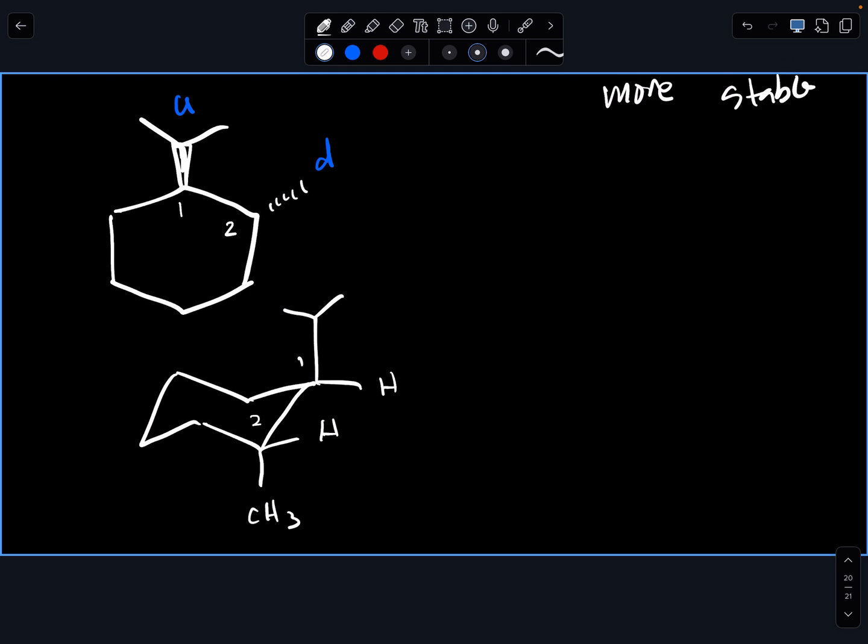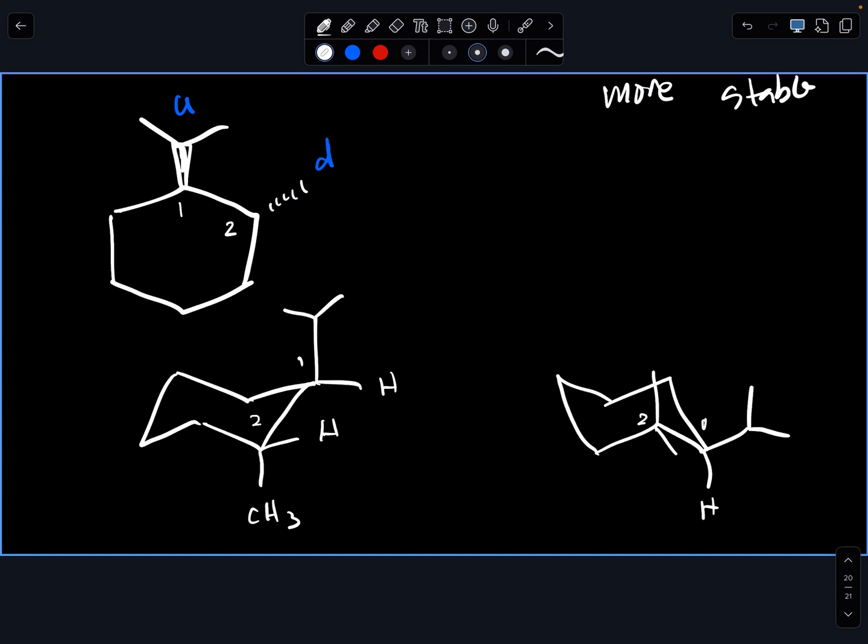And when you get good at these, you can actually do them really quick. And then on the other side, draw the mirror image. 1 is down, and then this one is now carbon 2. So the up is still the isopropyl and the hydrogen.